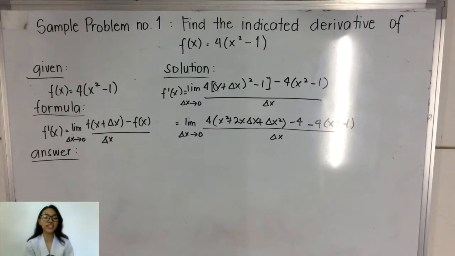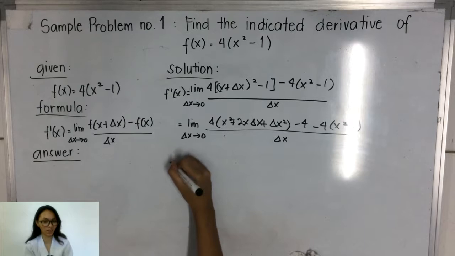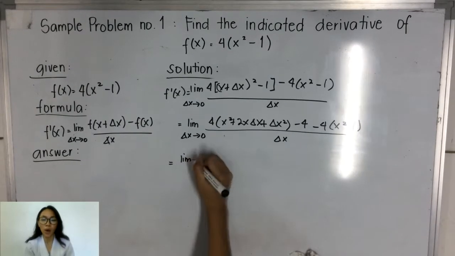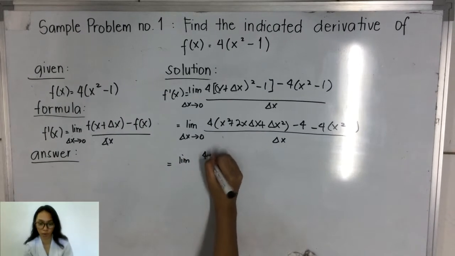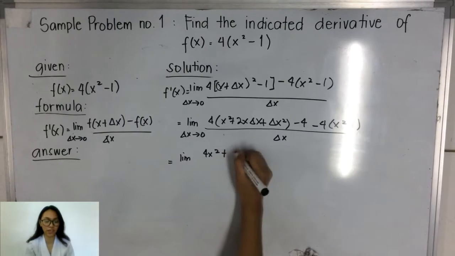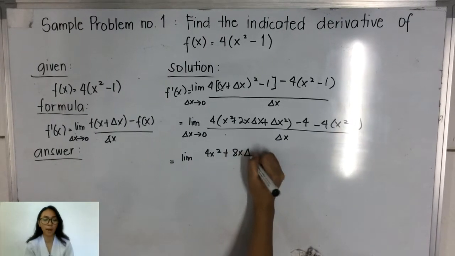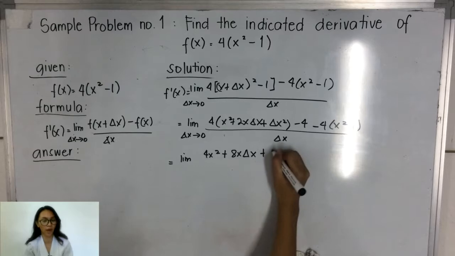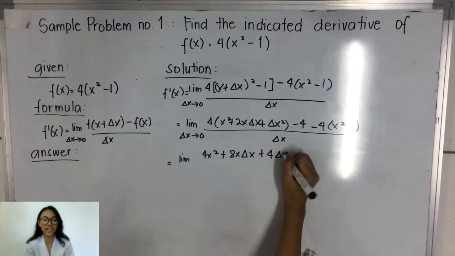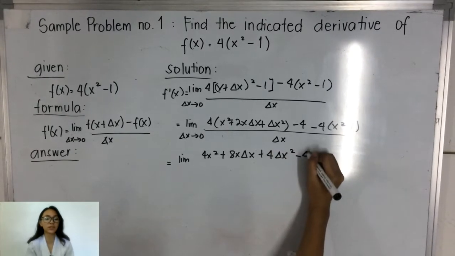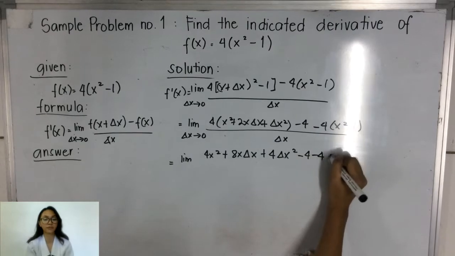Next, we will distribute terms that require distribution. We will distribute the 4 to x squared plus 2x delta x plus delta x squared minus 1. Then this negative 4 will be distributed to x squared minus 1.